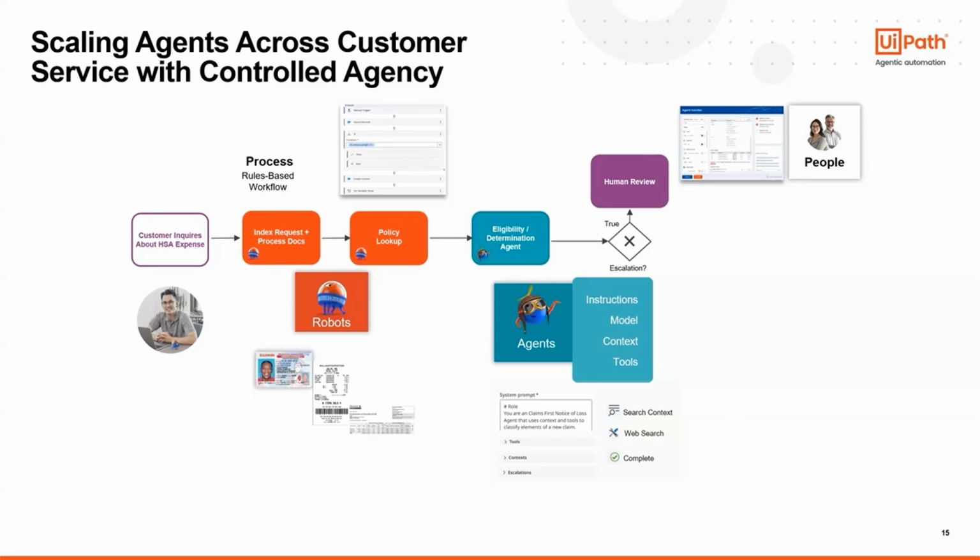As with any other normal automation, once the robot indexes information, hands it over to the agent, makes the decision, and the human verifies the decision, we're going to hand it back to a traditional automation to actually go and execute and reply back to the customer.